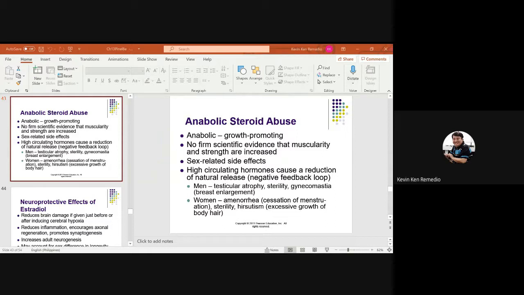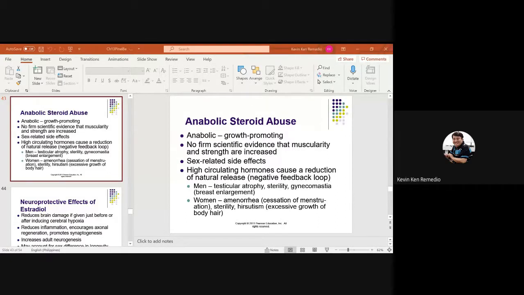Usually, when we look, their muscles are big, right? Their body posture looks extreme. But actually, class, based on research, those enlarged parts are not necessarily muscles. Some of them were just fat deposits caused by the side effects of the steroid abuse.